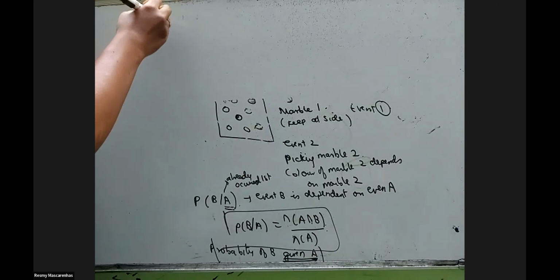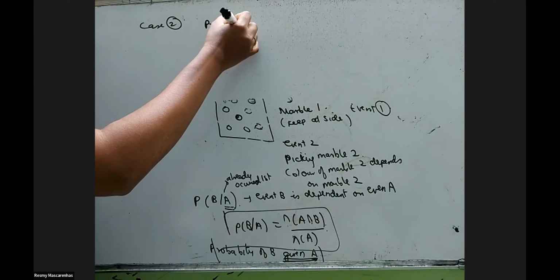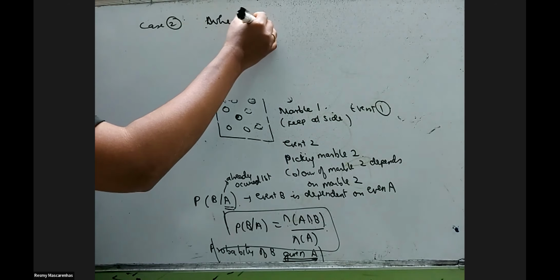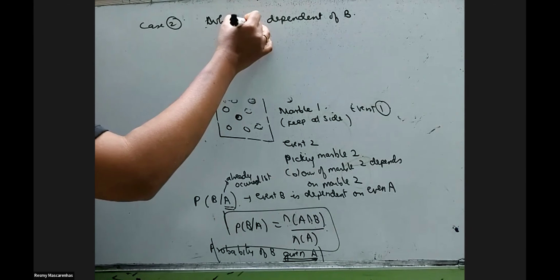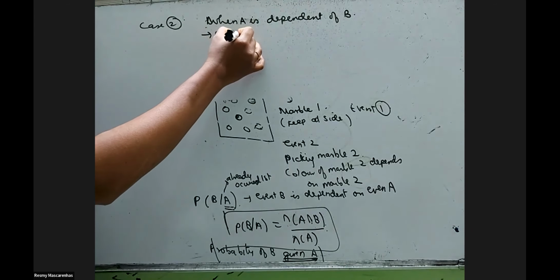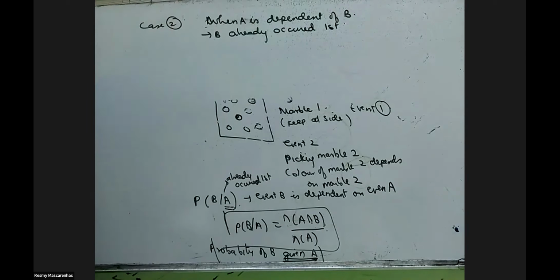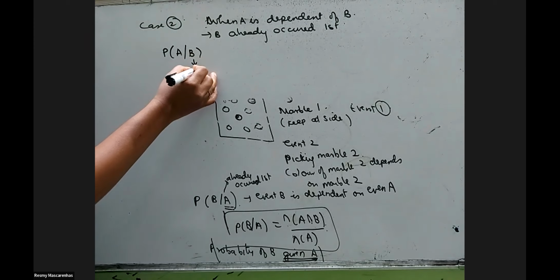Now the second case: probability of A, or I can say when A is dependent on B. It means B already occurred first. Suppose B has occurred, and now you want to calculate the first one. So probability of A is dependent on B because B already occurred first.